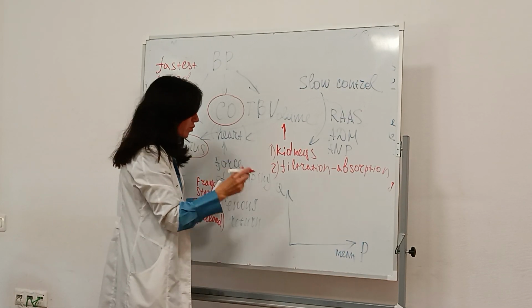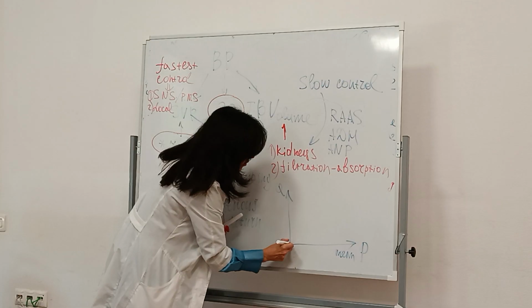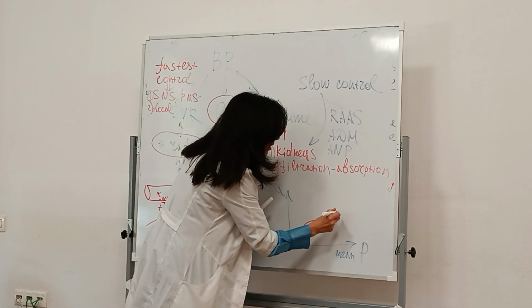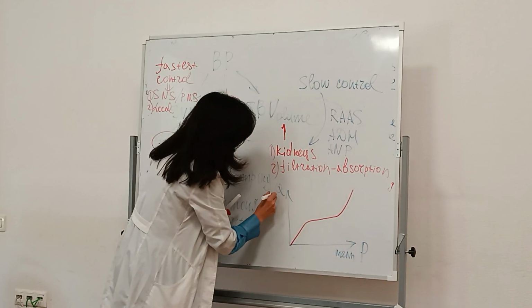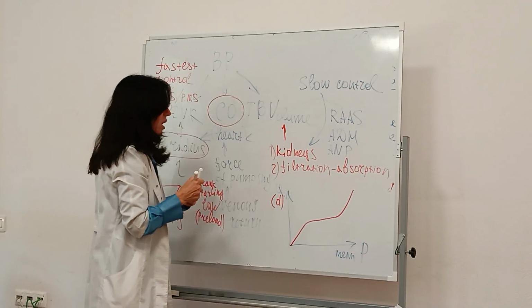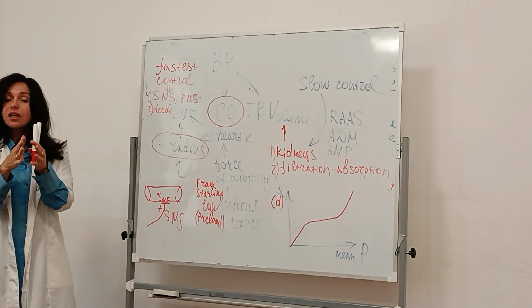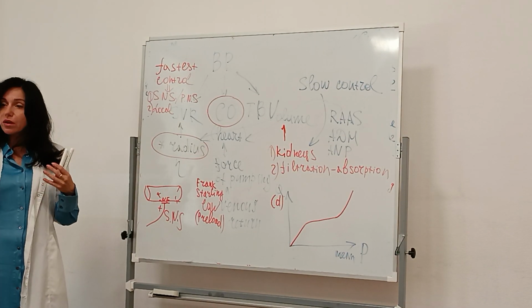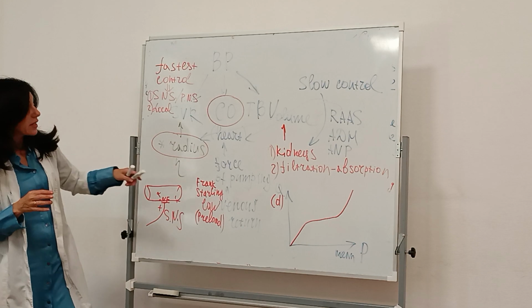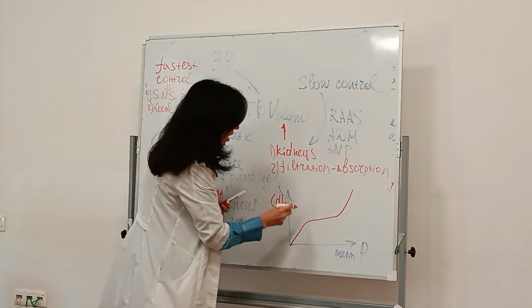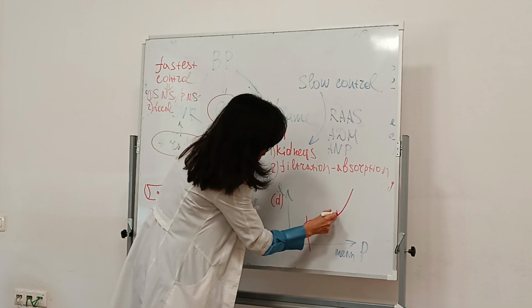Blood vessel at first stretches, then stabilizes, and then stretches again. So at first, blood vessel increases diameter due to more pressure on the walls, then stabilizes diameter, and then again increases.